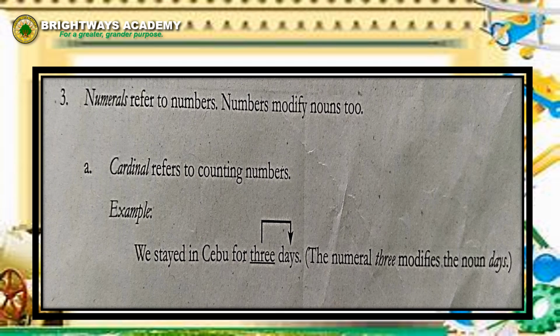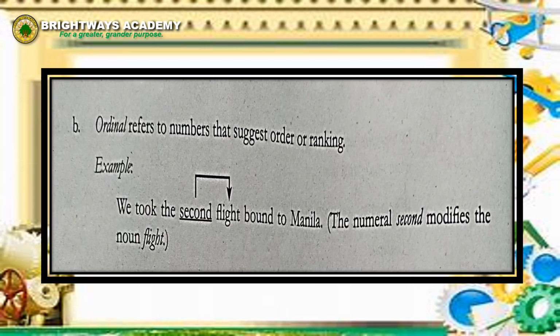Okay, how many days? So, 3 days. So, that is the numeral 3, which is in the cardinal form. Okay, letter B, the ordinal. Ordinal refers to numbers that suggest order or ranking. So, it is in the order, or in a ranked way.